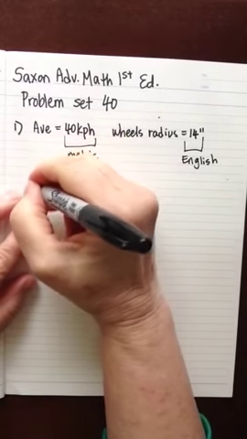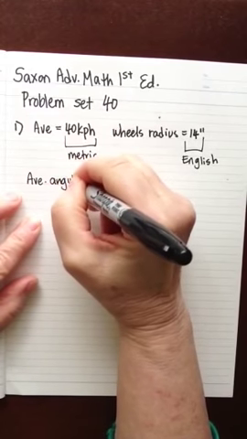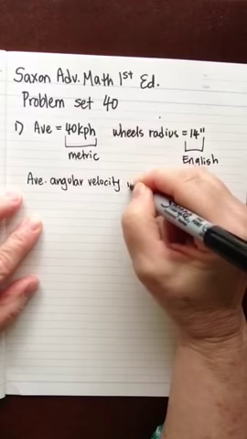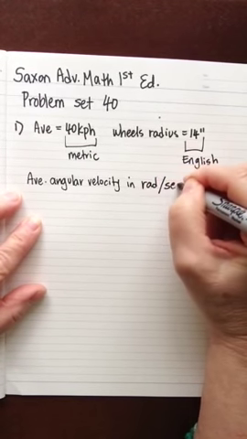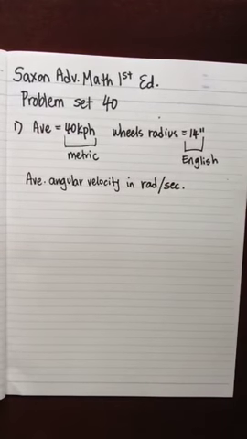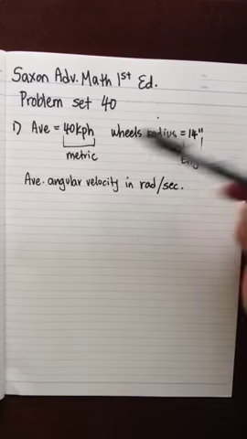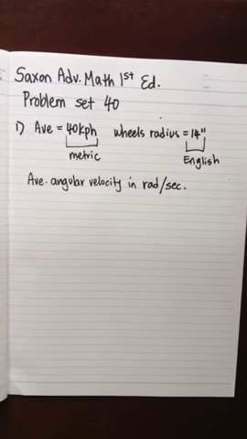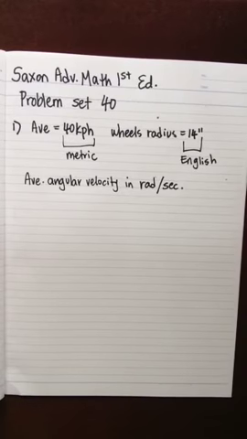The problem is asking for average angular velocity in radians per second. So we can either go with our inches from English to metric or metric to English. I have chosen to go into the metric system because being based on base 10, it's so nice to work with.